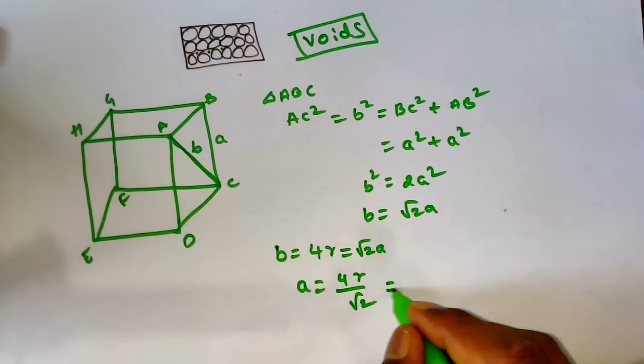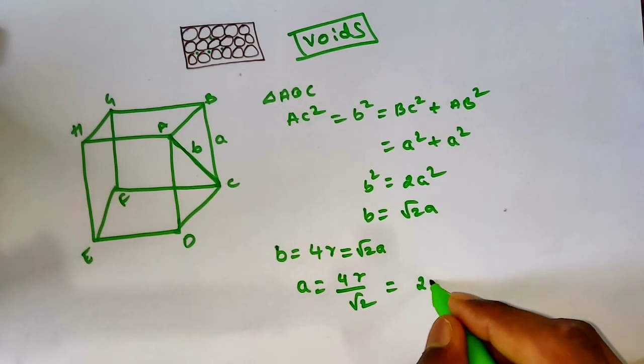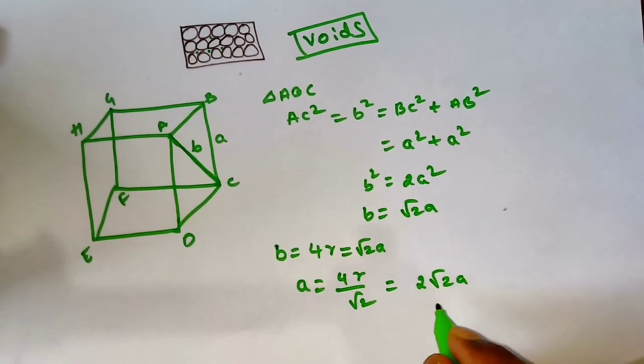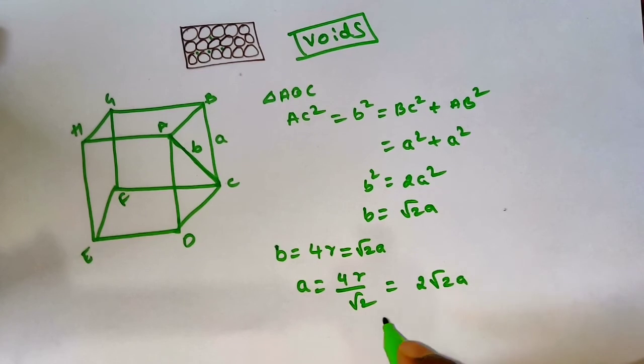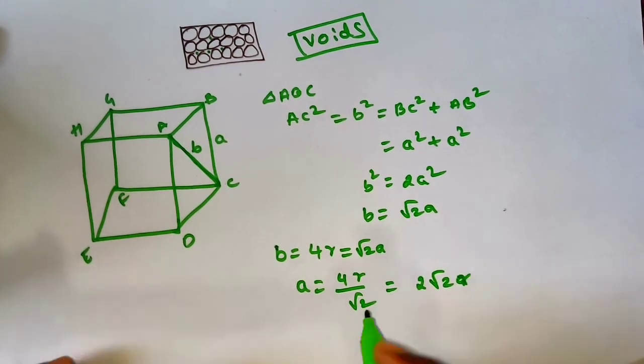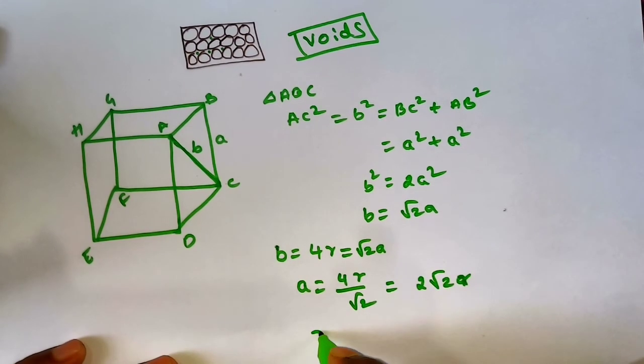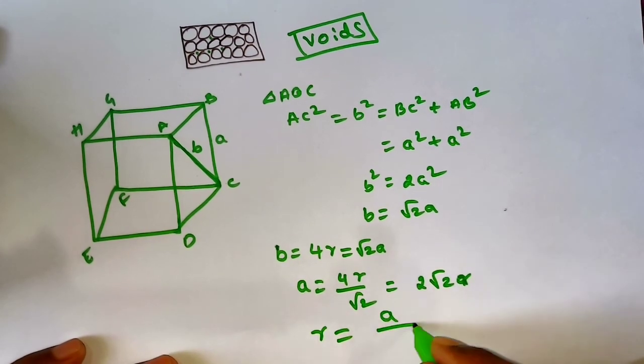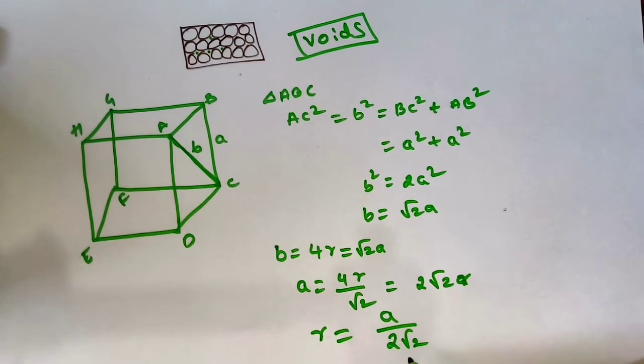Otherwise, you can just write it as 2 root 2 r also. And if you want to find r, then r is equal to a upon 2 root 2. Like this we can write.